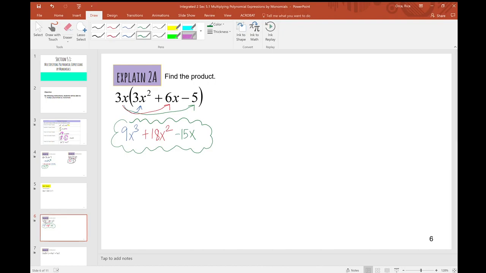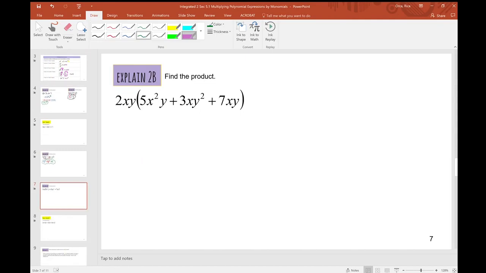Let's look at another problem. Find the product. 2xy times 5x squared y plus 3xy squared plus 7xy. Once again, take the monomial that's outside and distribute it to the trinomial.